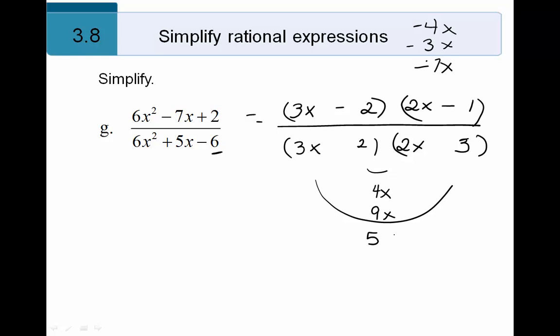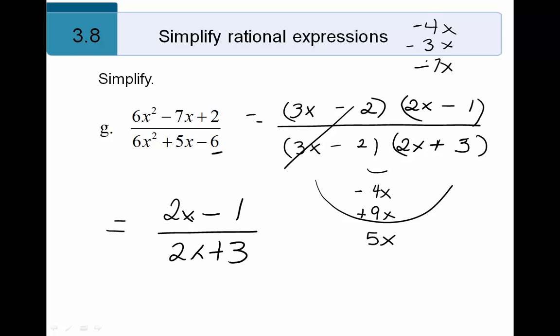Needs to add up to 5x. So this will be positive and this will be negative. So a negative here and a positive here. And so here's the common factor that can be removed. And so simplified, I will have 2x minus 1 over 2x plus 3. All right, so that concludes lesson 3.8.